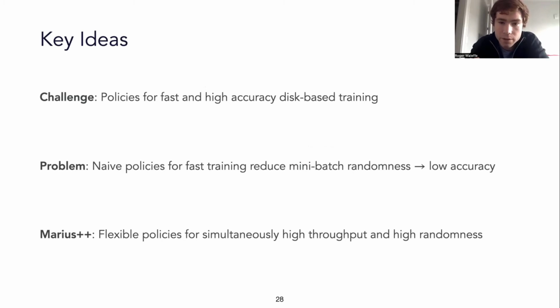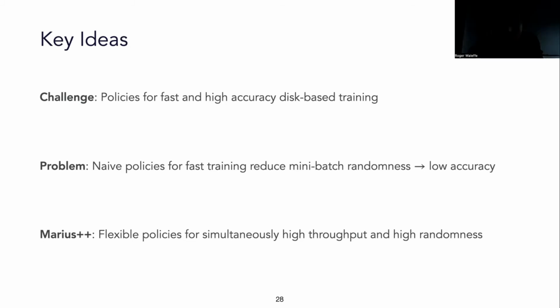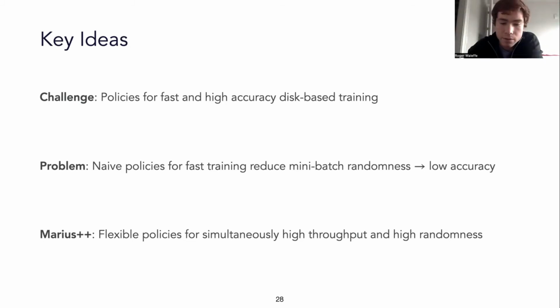Then I'll focus on this challenge specifically and discuss a problem we observed, which is that naive policies focusing on just one of these goals can hurt the other. For example, greedy policies for fast training lead to reduced mini-batch randomness and lower model accuracy. And finally, I'll end this section with an overview of the flexible disk-based policies used by Marius++ to allow optimizing for both high throughput and high mini-batch randomness.